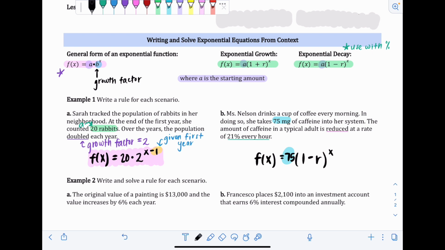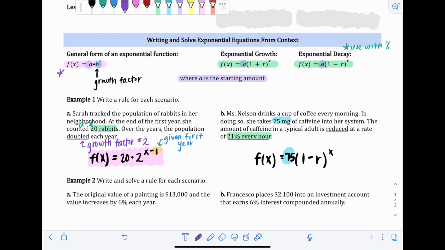Which is going to be the rate that it's decreasing by. So it's reduced at a rate of 21% every hour. And before we can put that into the function, we have to change it into decimal form. Anytime something has a percentage symbol next to it, it's in percent form, even if it has a decimal. So even if this was 21.4%, we would still need to change the form.